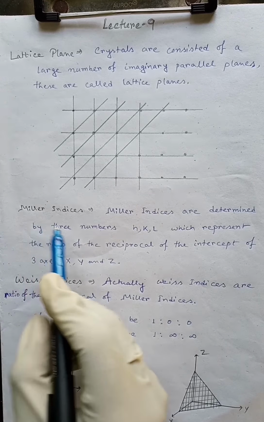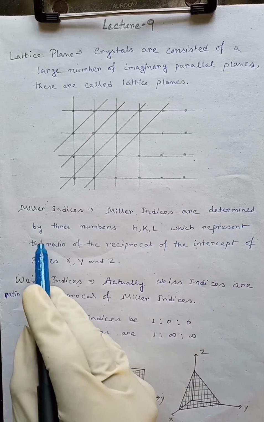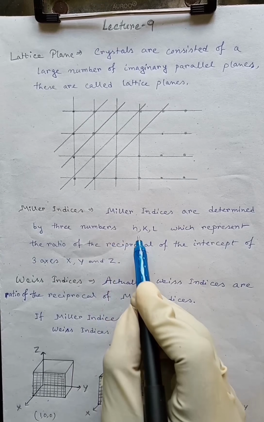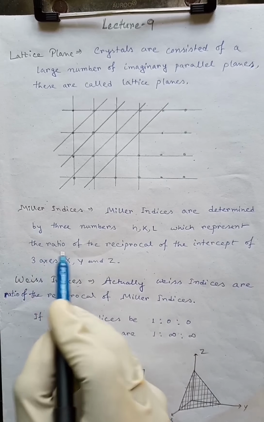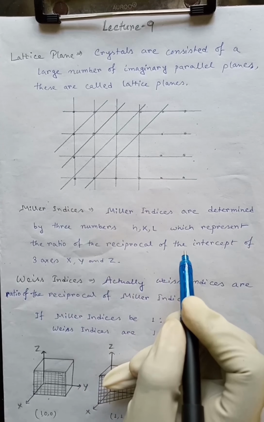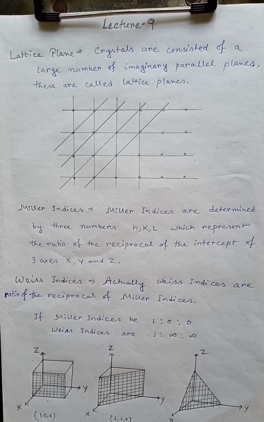Now, what is Miller indices? Miller indices are determined by the three numbers H, K, L, which represent the ratio of the reciprocal of the intercept of three axes x, y, and z.